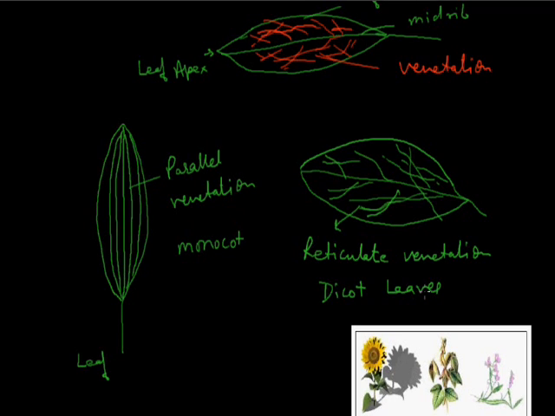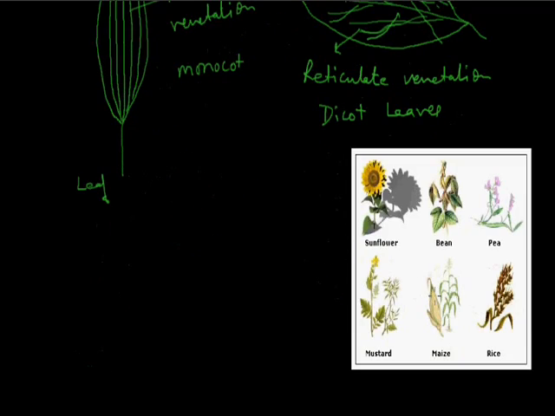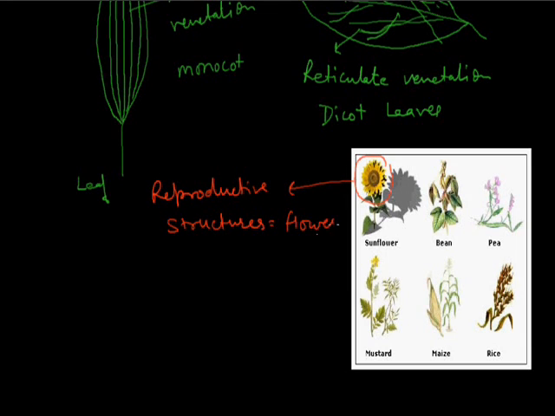So here, these are some reproductive structures of angiosperms. These are the flowers in the angiosperm. They are the reproductive structures, responsible for the reproduction or formation of seeds.